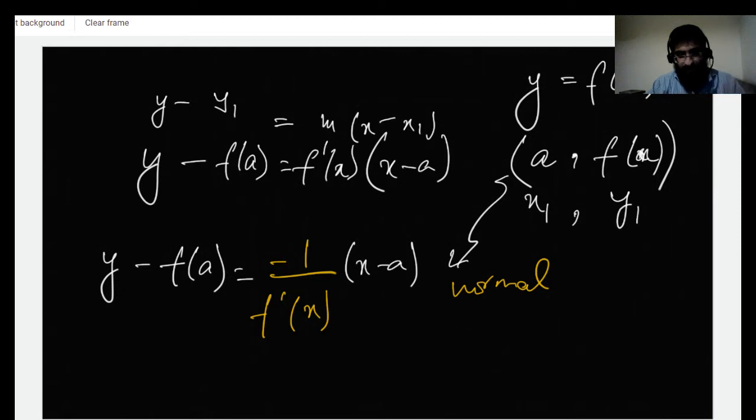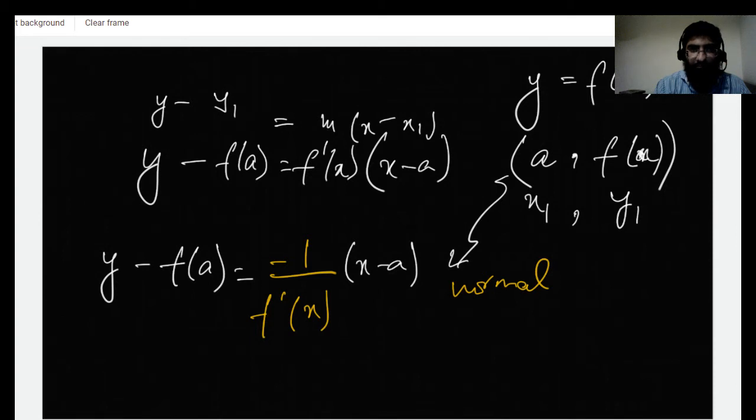So we are using the straight line equation which uses the gradient and a point on the curve, or any point on that line. We can't use y is equal to mx plus c because we do not have the y-intercept given in the questions that we are going to solve. Is it clear now, the two equations?